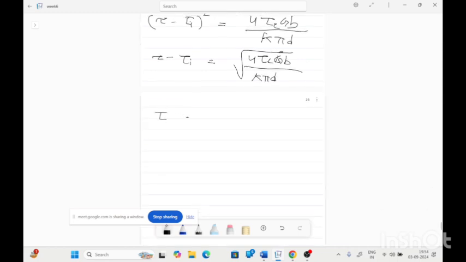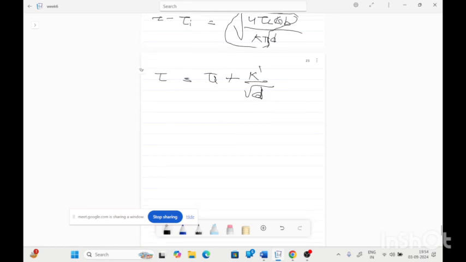That leads to tau equals tau_i plus k dash divided by square root of D. This term is written as k prime, and this is multiplied by the square root of D inverse.